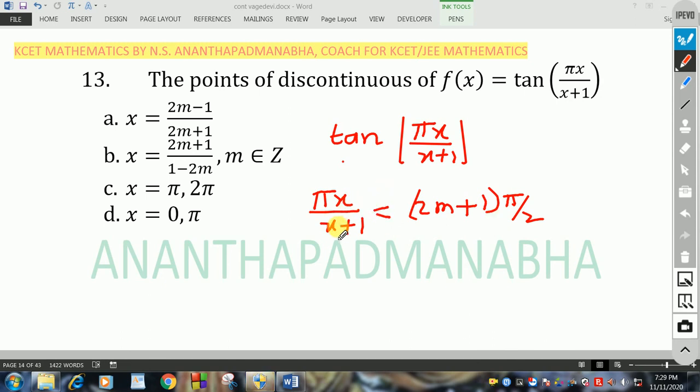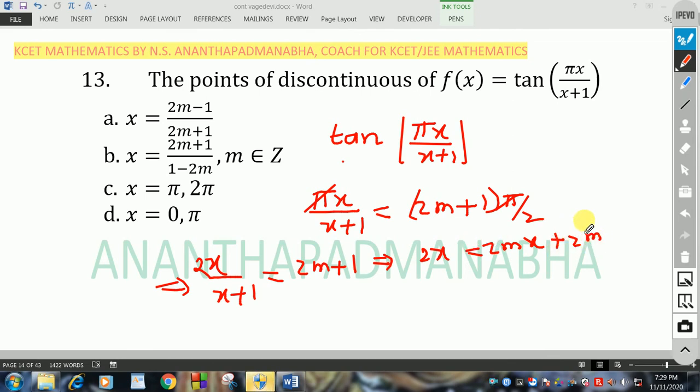So when you cancel pi here, you will get x by x plus 1 is equal to 2m plus 1 by 2. Pi and pi cancel. I have 2 here, so I will write 2x is equal to 2m plus 1 into x plus 1. So you can cross multiply.